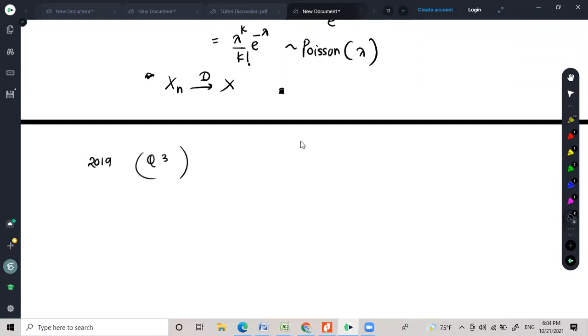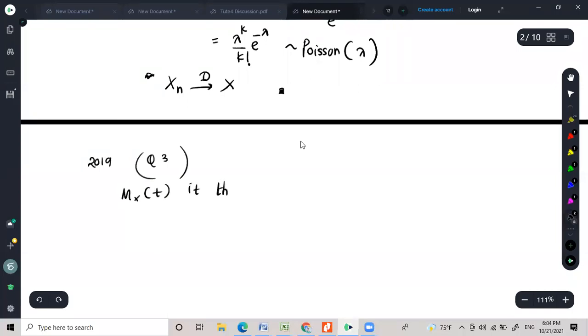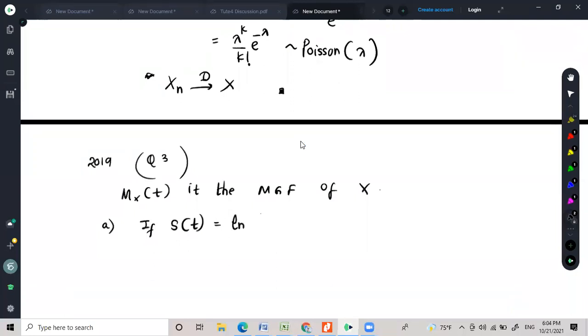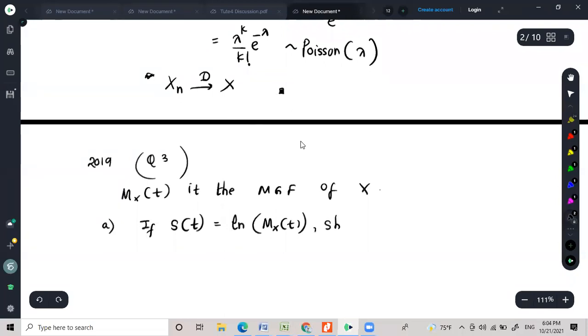So we have been given that M_X(t) is the moment generating function, that is the notation, you already know that, of a random variable X. You have to show that if S(t) is the natural log of the moment generating function, if S(t) is ln of M_X(t), the first derivative of S(t) when t goes to 0 is the mean, or E[X].